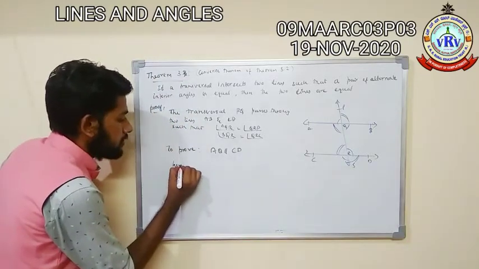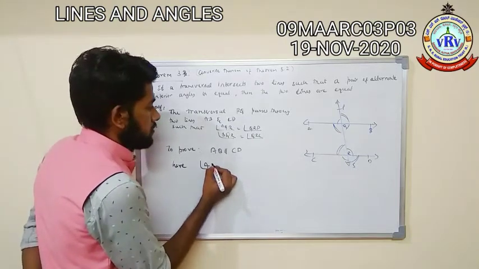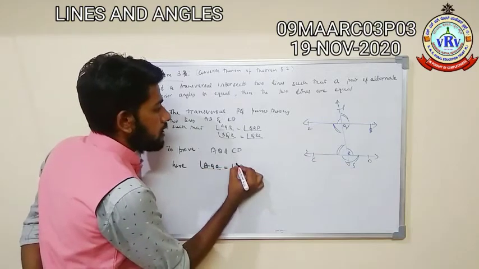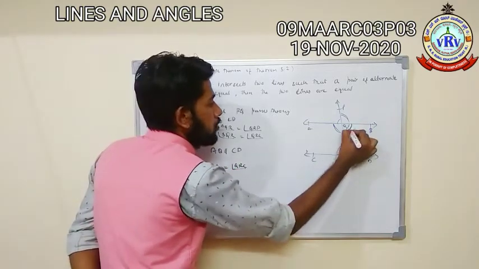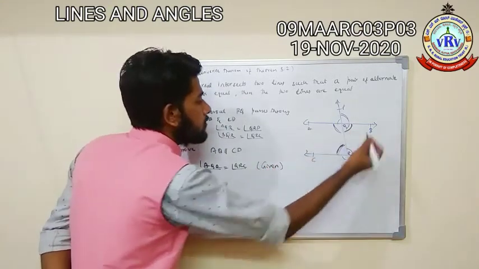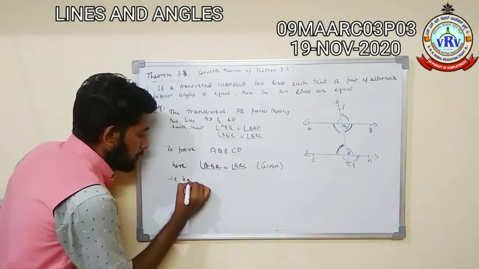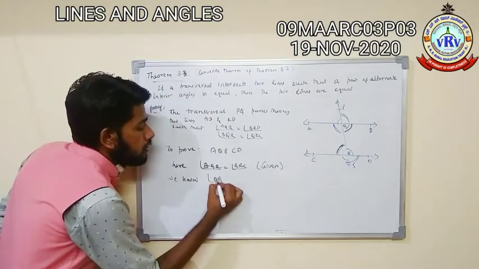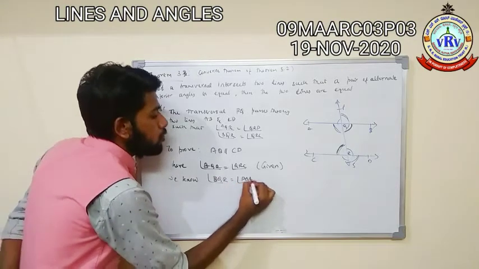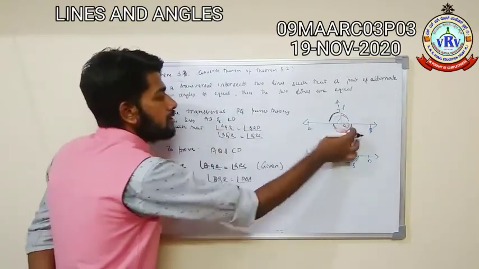And here angle BQR is equal to angle QRC, which is the given thing, right? Alternate interior angles are the same. And we know angle BQR is equal to angle PQA. Why is this so?